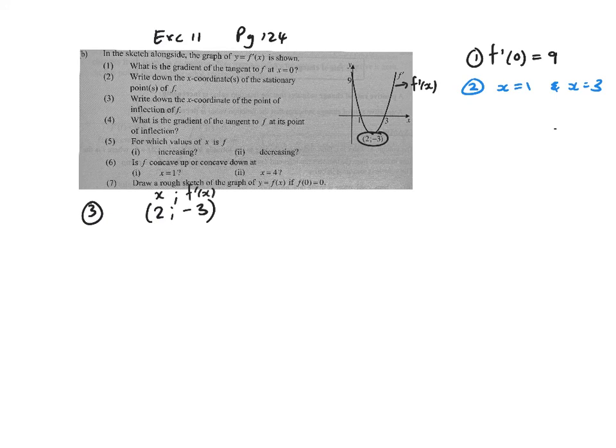Good. And how would you normally find the point of inflection? You would say, you've got f of x equal to something, and for a point of inflection the second derivative is equal to 0. It is those specific x values.